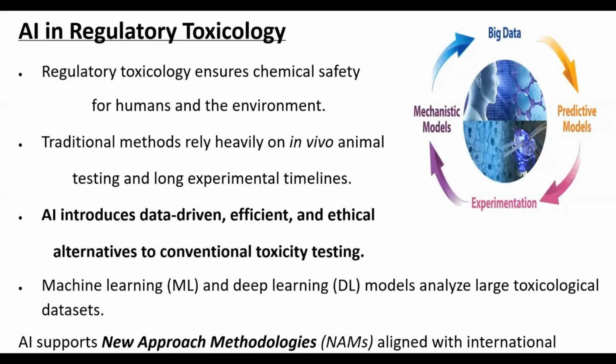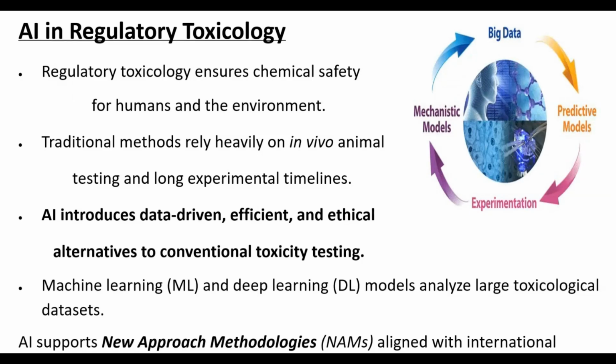And the main application of artificial intelligence in regulatory toxicology, as we are aware, is in QSAR, that is quantitative structure activity relationships, or maybe some literature mining also, because a lot of literature data is required for the risk assessment or QSAR, and this automated literature mining is a part of artificial intelligence.